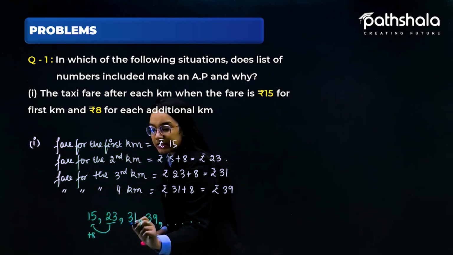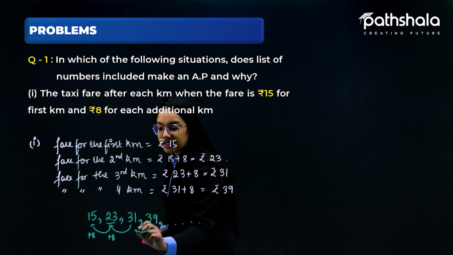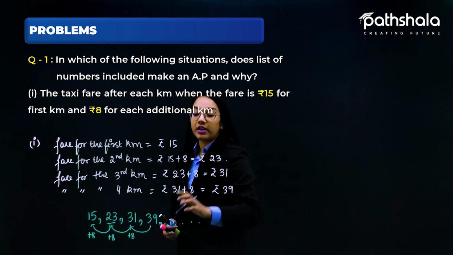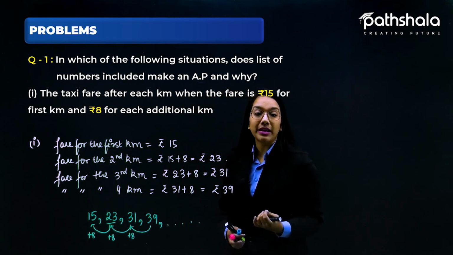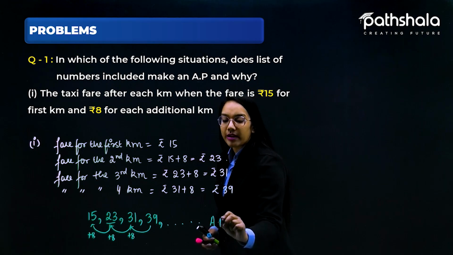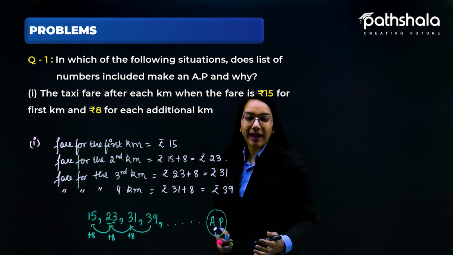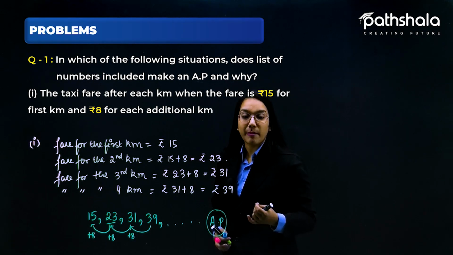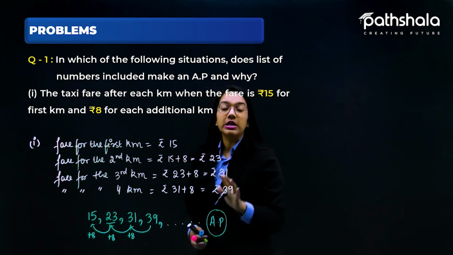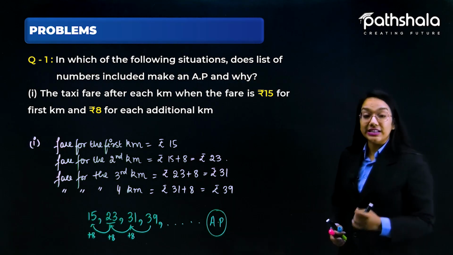It means the common difference we are getting here is 8, and it definitely represents an arithmetic progression, because every succeeding term is obtained by adding a fixed number 8 to the preceding term.